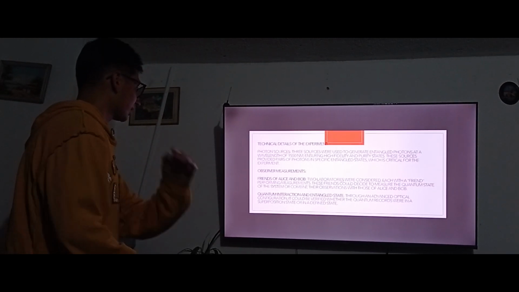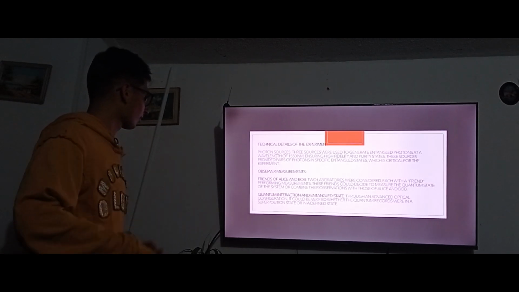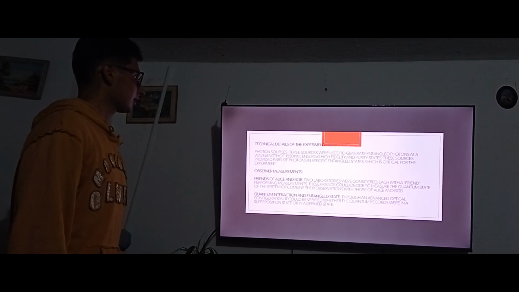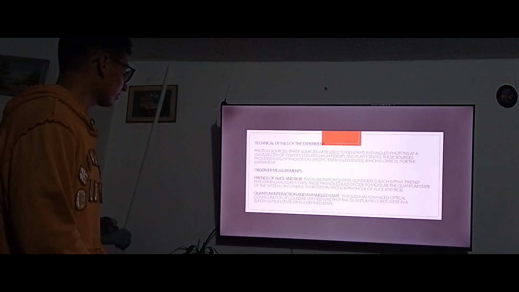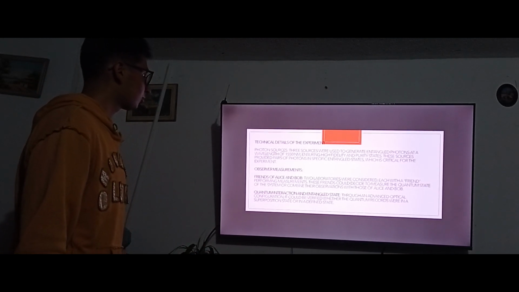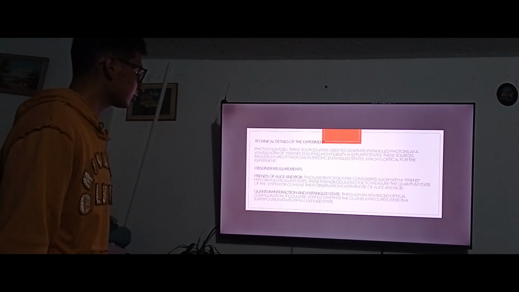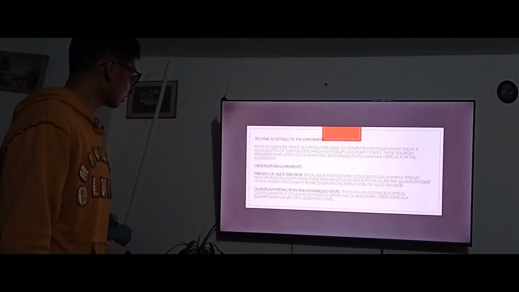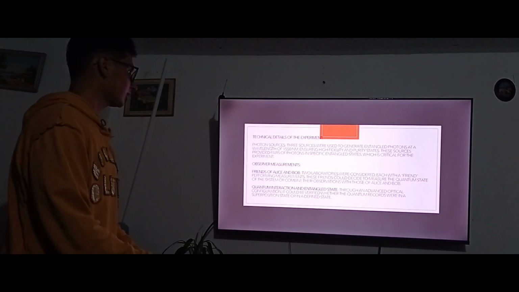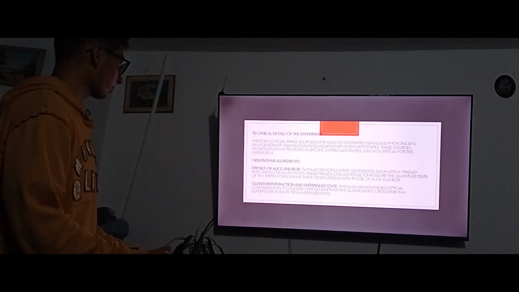Observer measurements. Friends of Alice and Bob. Two laboratories were considered, each with a friend performing measurements. These friends could decide to measure the quantum state of the system or combine their observations with those of Alice and Bob.